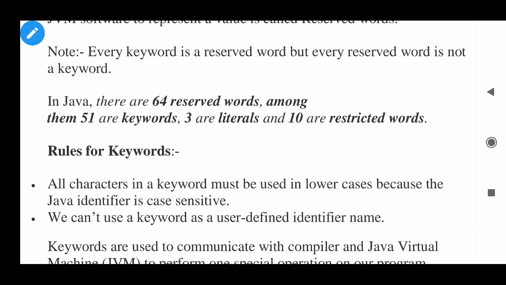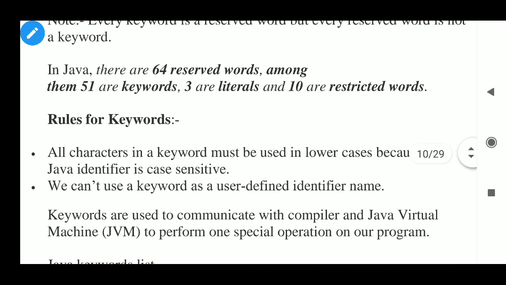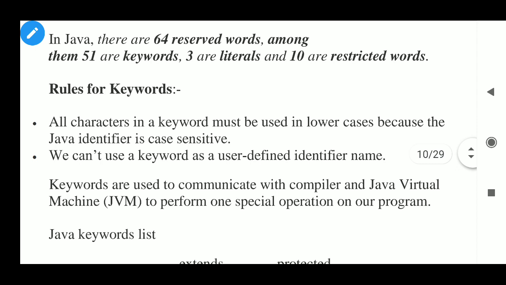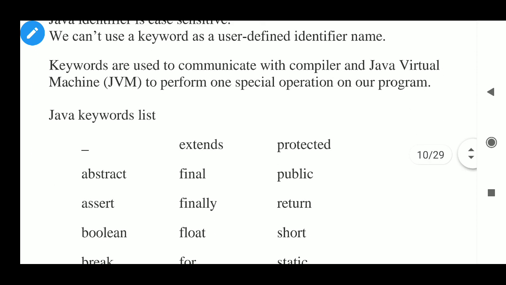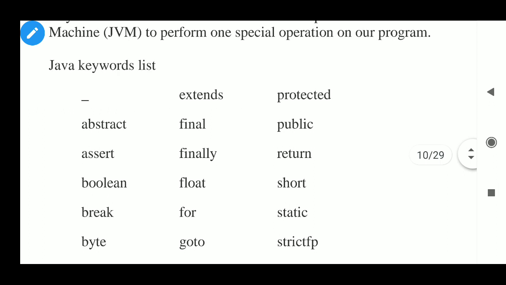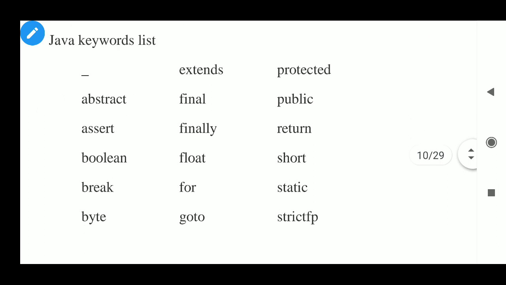Like int a is equal to 10, it is okay, but int for is equal to 10 is wrong because for is a keyword. Keywords are used to communicate with the compiler and Java Virtual Machine to perform one special operation on our program. So the Java keywords list is given here, and you can get this keyword list in your book.